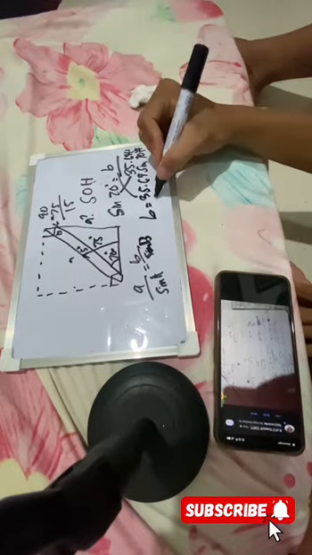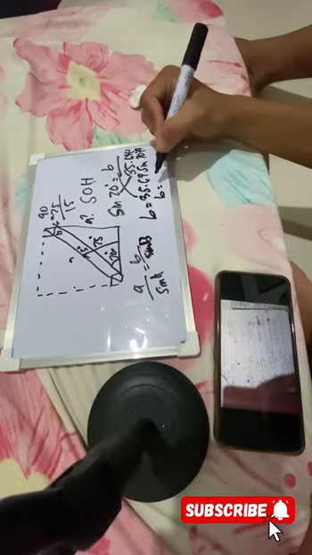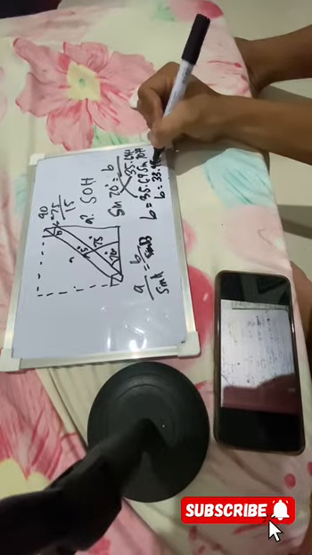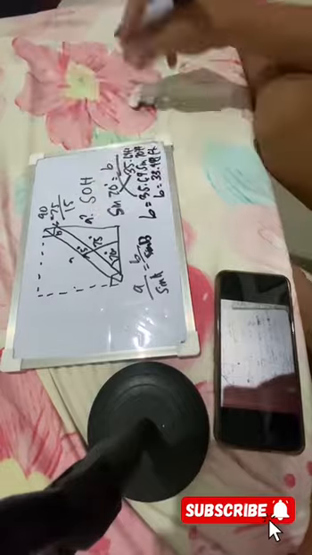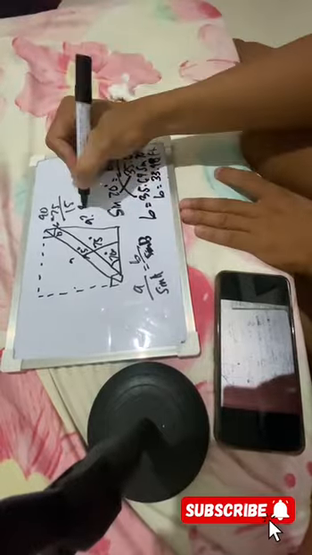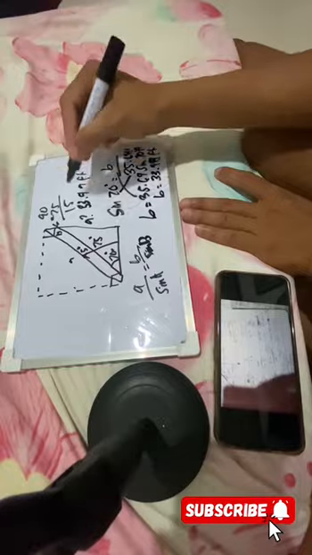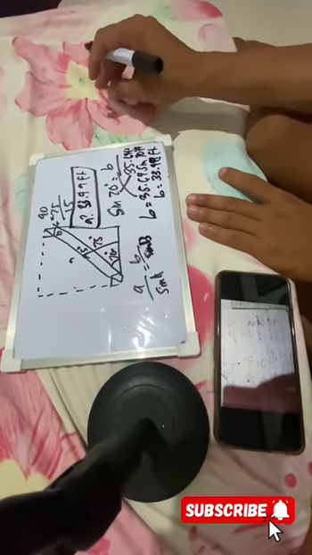In the calculator, the answer is 33.49 feet. So the height that we are looking for is 33.49 feet. This is the height of the hill.